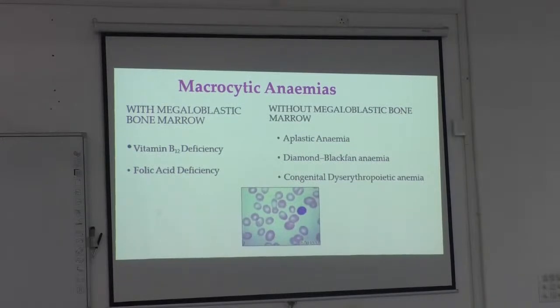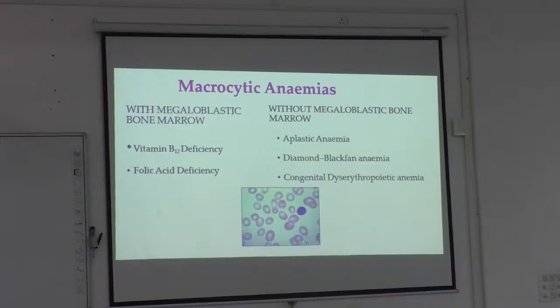Macrocytic, differentiate this way: macrocytic with megaloblastic bone marrow, without megaloblastic bone marrow. With megaloblastic bone marrow, you get the classical picture of megaloblastic anemia in B12 and folate deficiency.